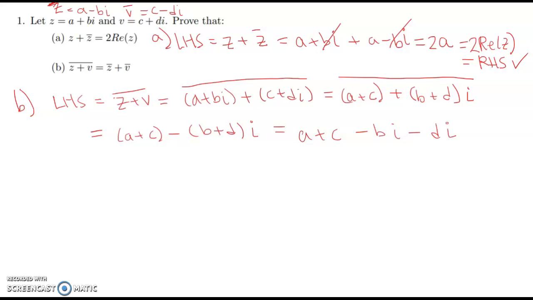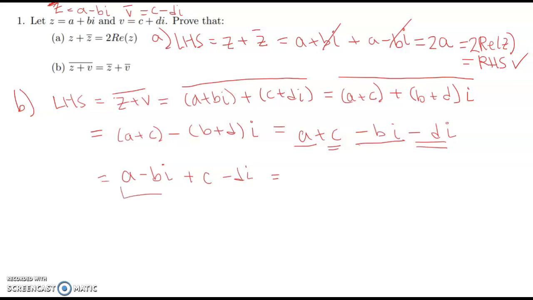I'm just going to do some regrouping. I'm going to write a minus bi first, and then the later part of the equation, c minus di. I think I'm very close to finishing up.